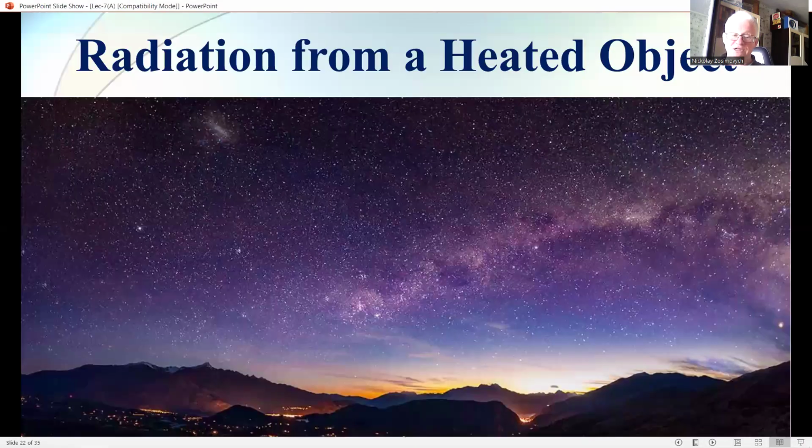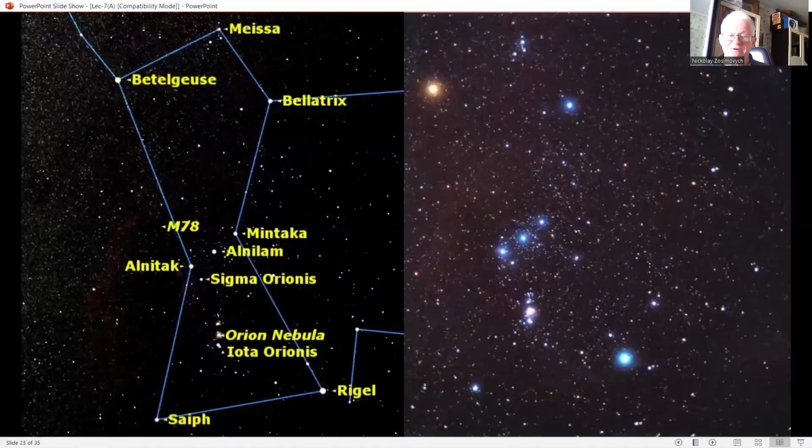If you look closely at the stars in the constellation Orion, you will notice that they are not all the same color. One of your favorite stars, Betelgeuse, in the upper left corner of Orion, is quite red.